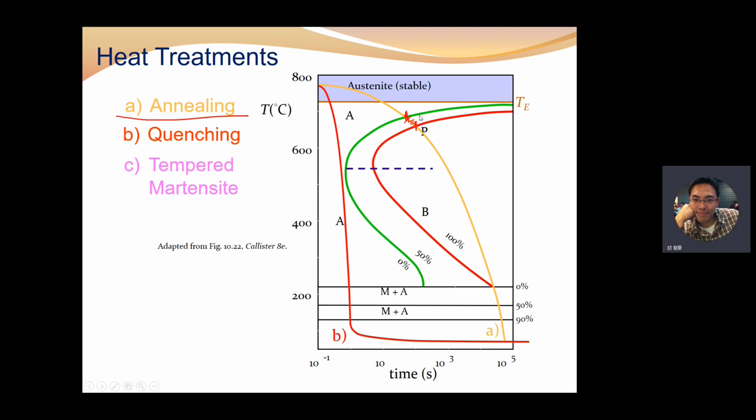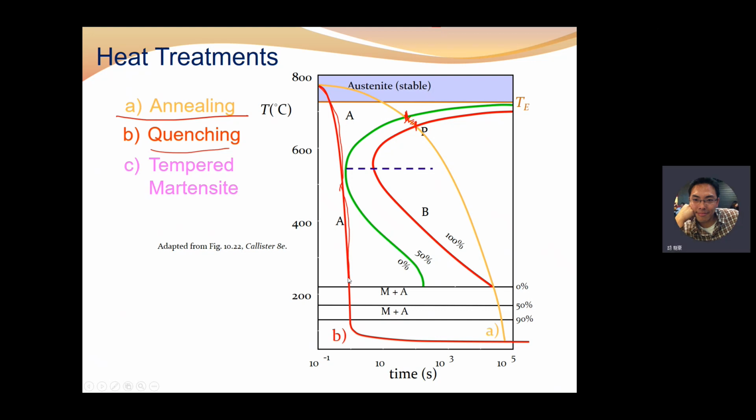And for the quenching process, that means the cooling rate is extremely fast. Therefore, this cooling curve decreases substantially, very fast. This cooling curve didn't intercept this TTT diagram.